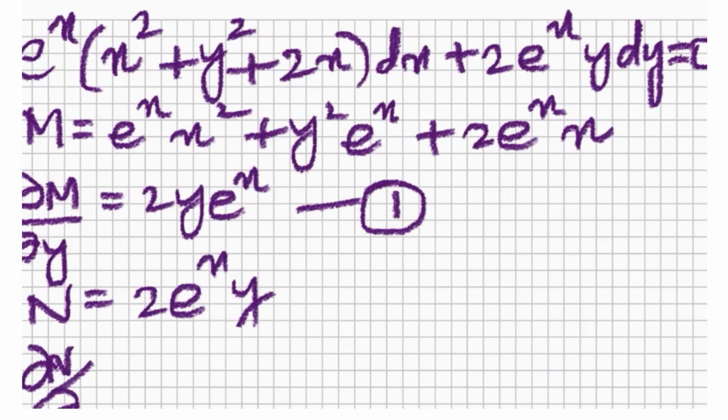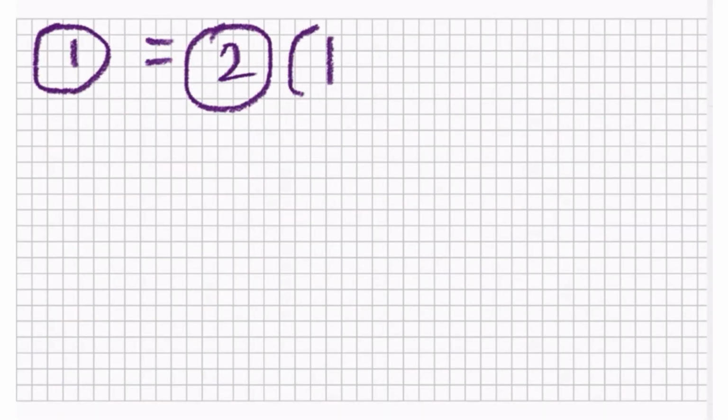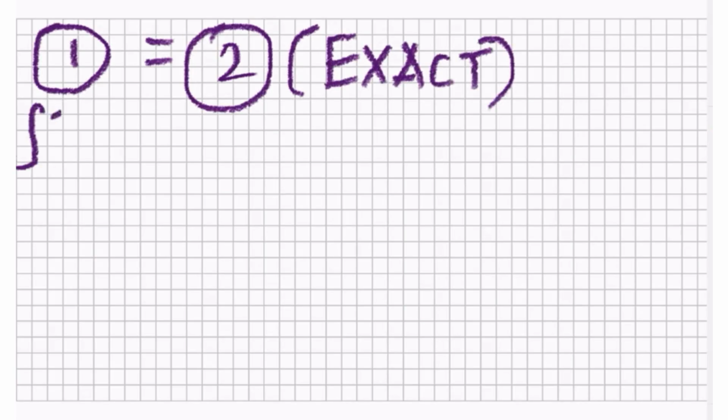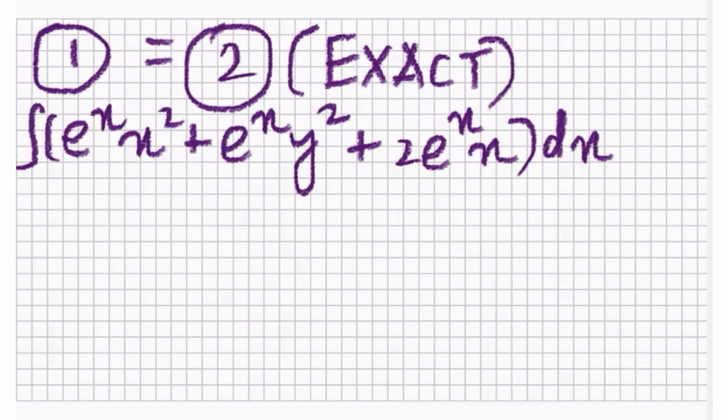And thus the equation is an exact differential equation. We further go on by integrating this equation into separate integrals. Upon solving this equation, we get our solution to be e to the power x into (x square plus 2y square).